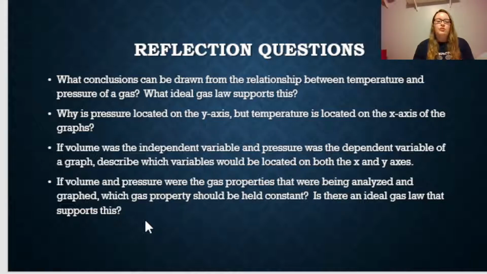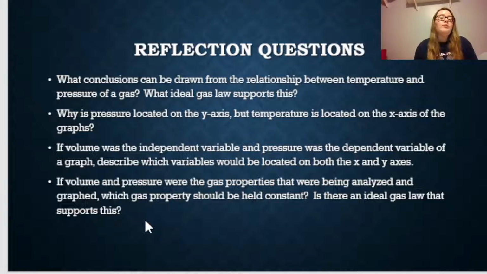And another reflection question is, why is pressure located on the y-axis, but temperature is located on the x-axis of the graphs? And that is because the temperature was our independent variable and pressure was the dependent variable, which is important to the scientific method for any area of science, which is needed in the area of chemistry.